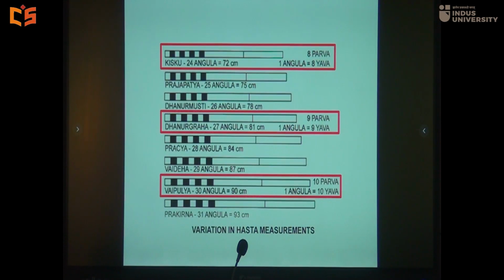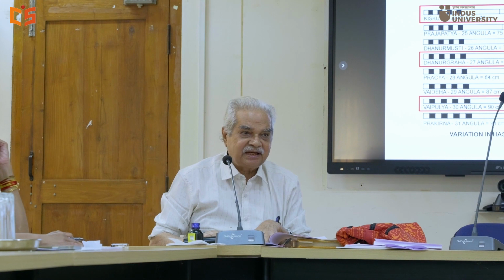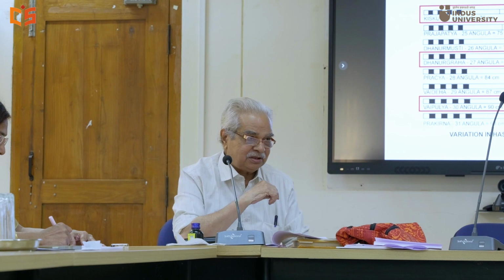Next one. Yes, different scales are there. Out of the different scales, what would you adopt? In India, generally, the smallest or standardized scale is what is adopted, and we have measured it as 72 centimeters. Then there is another scale, of 81 centimeters. You go to Tamil Nadu, most of the measurements are 81 centimeters.